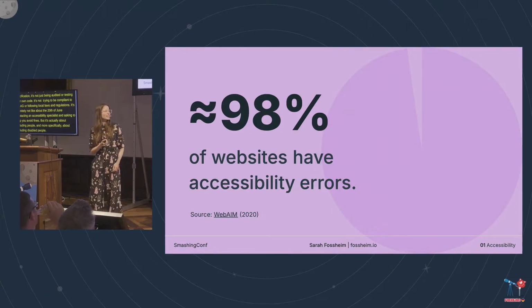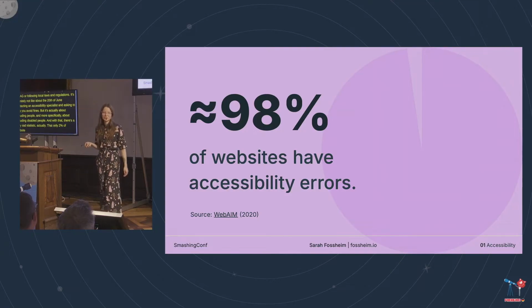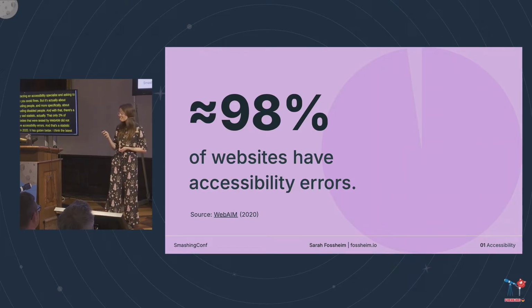And with that, there's a very sad statistic, actually, that's only 2% of websites that were tested by WebAIM did not have accessibility errors. And that's a statistic from 2020. It has gotten better. I think the latest one, they said that 97% of websites had accessibility errors, so there's a marginal improvement.